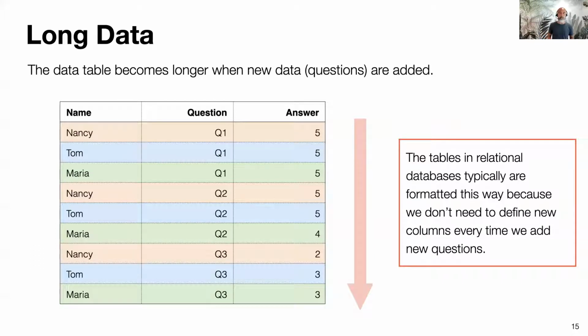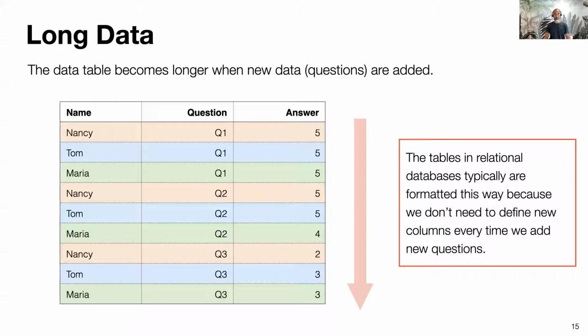In that way, you don't have to define new columns every time somebody adds new questions. In the database world, it's not that simple to add new columns. So that might be part of the reason they tend to have this kind of format.